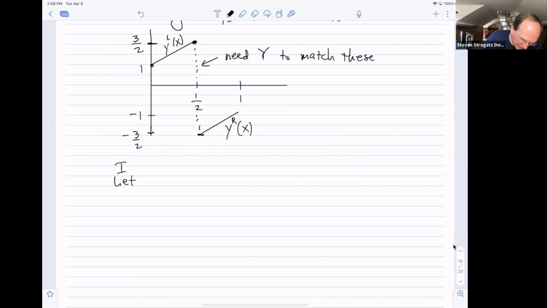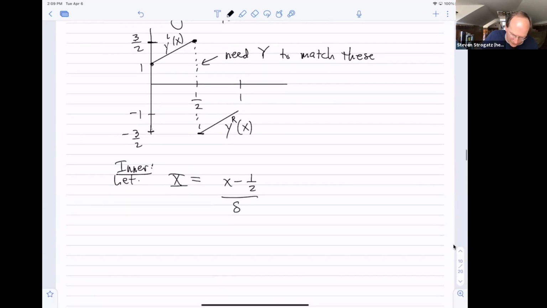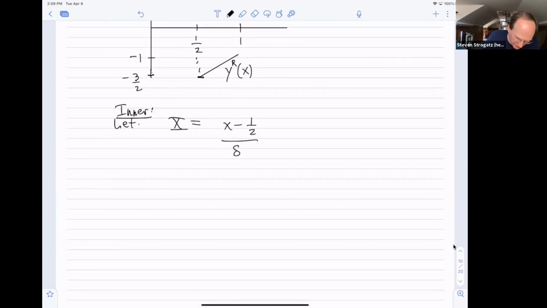So to deal with the inner region, let's let big Y, sorry, let's first define big X to be X minus 1/2 over delta. And then my Y prime, I'll define it to mean dY by d big X. So slightly abusing notation here.